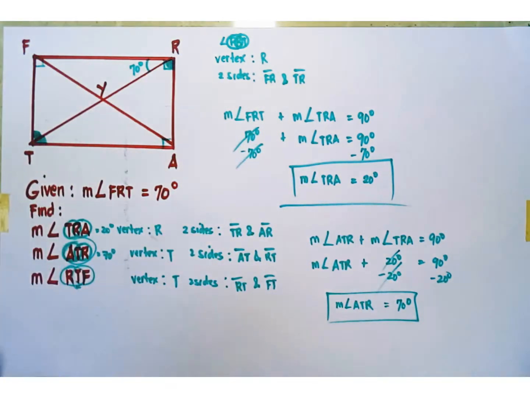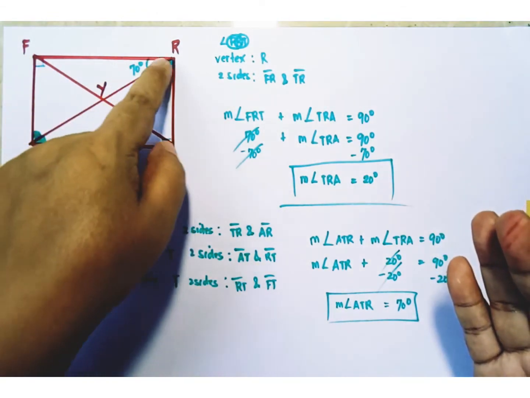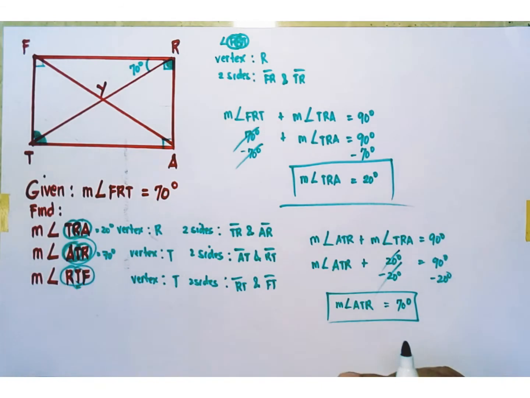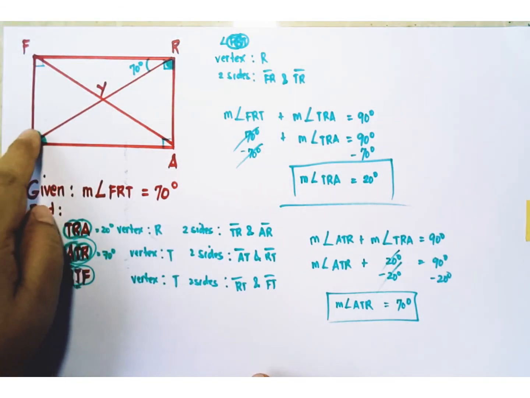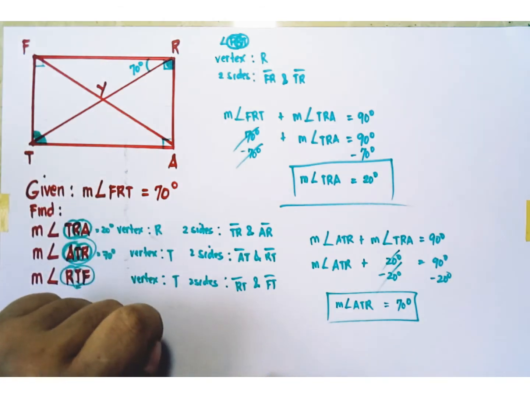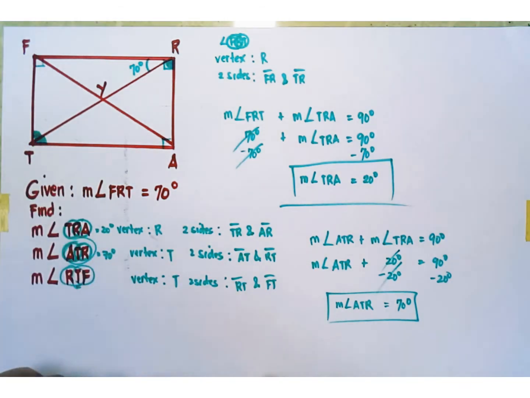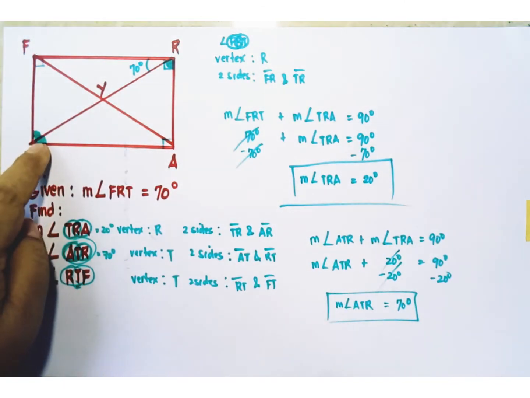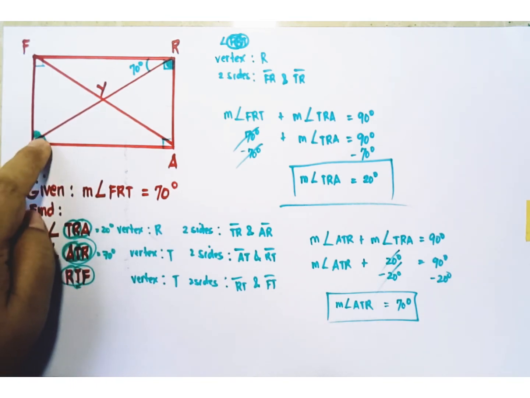And again, let's go back to the property of a rectangle, stating that all four angles of a rectangle are right angles. This is one of the interior angles of the rectangle FRAT. So this is equal to 90 degrees. And notice that this corner is divided into two smaller angles. If we add up the two smaller angles, the sum is equal to 90 degrees.